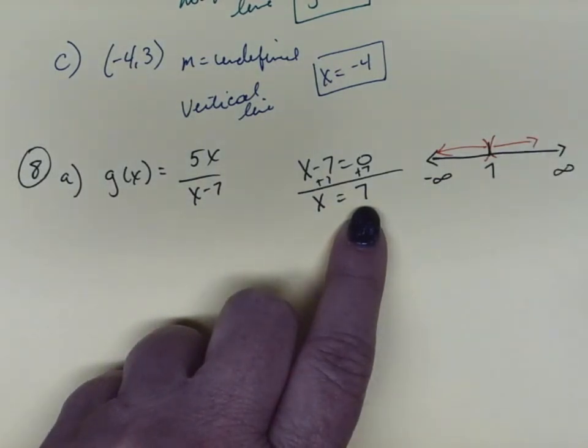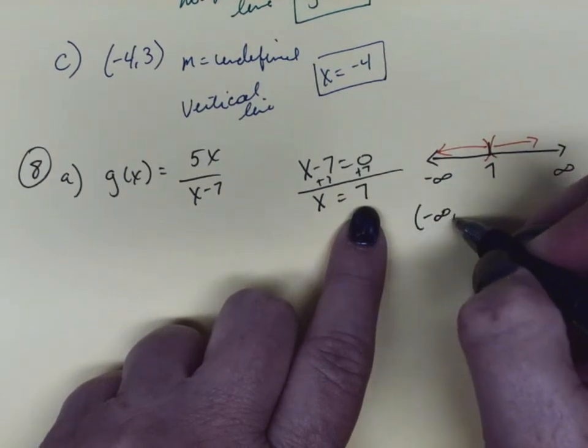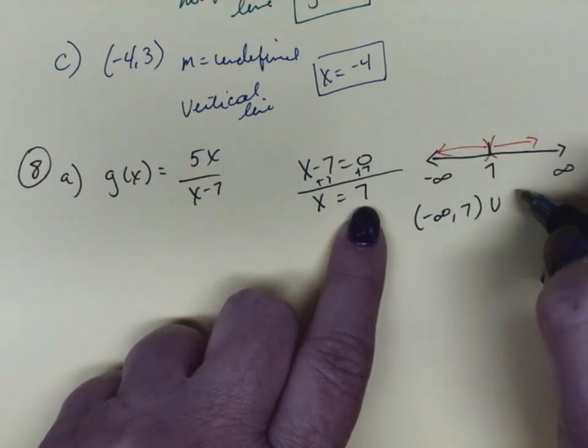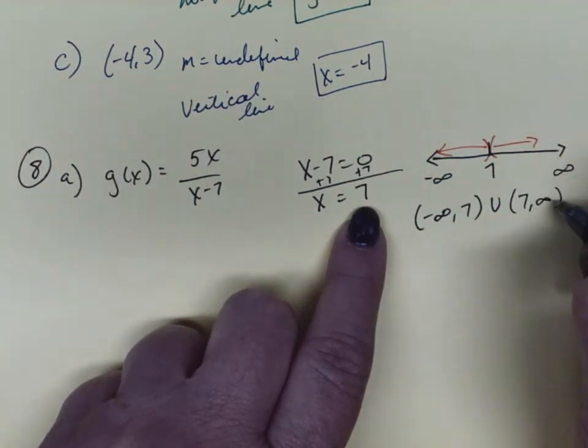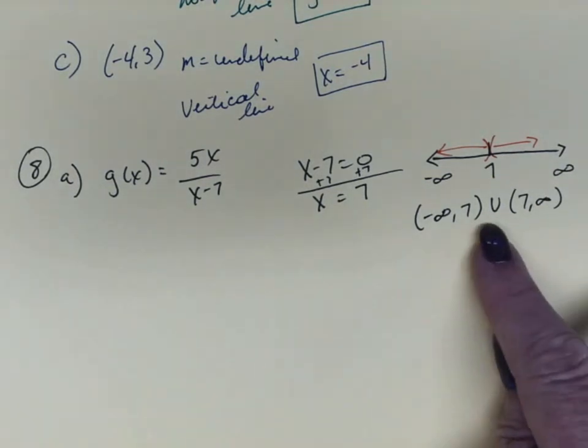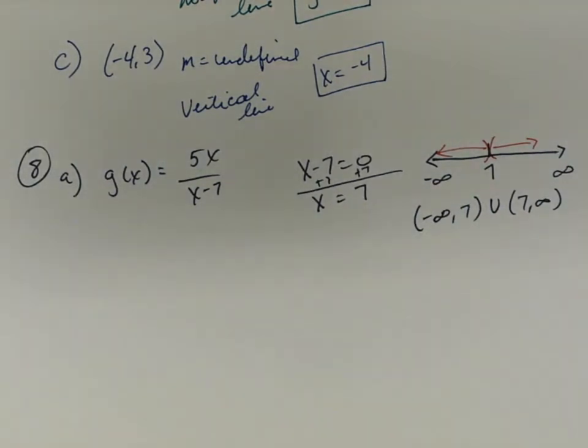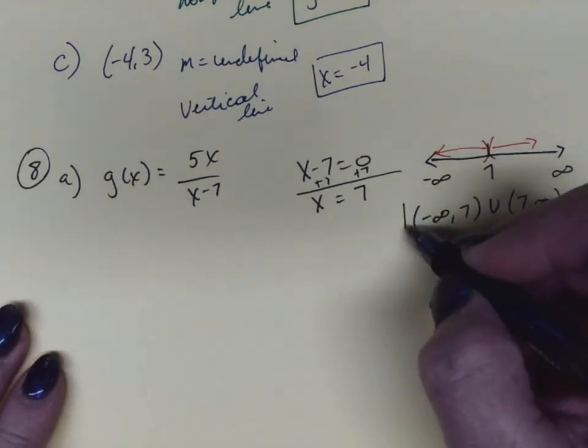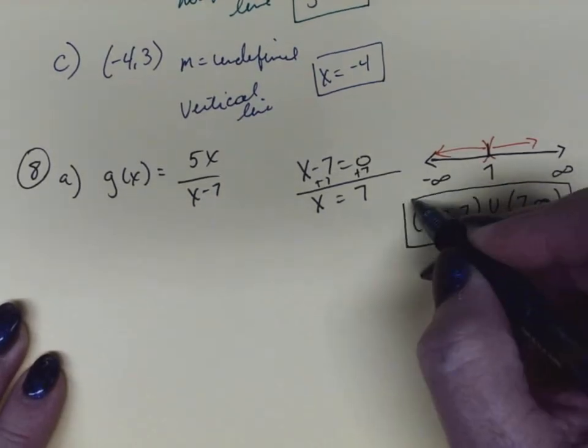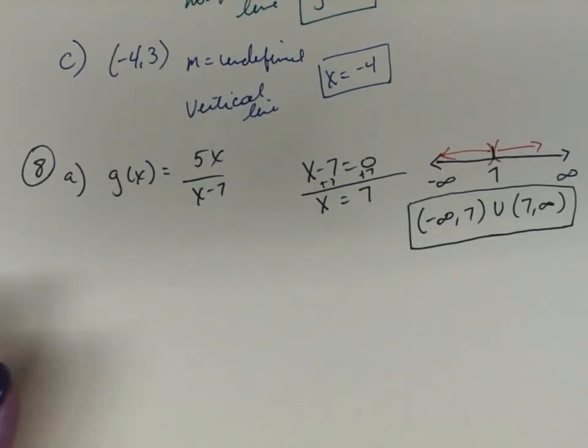So my interval notation will be negative infinity to 7 union 7 to infinity, and it has parentheses on the 7 because we can't equal it. We can't do a bracket because if we have 7, we end up with 0 in the denominator. This would be the interval notation that you would be looking for.